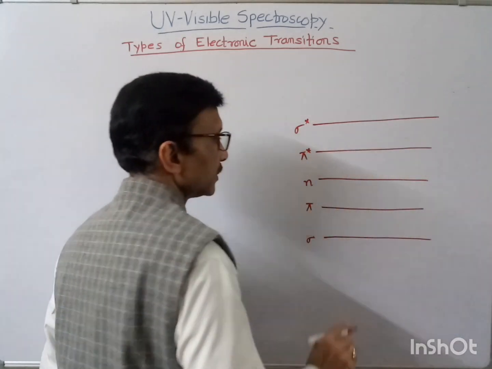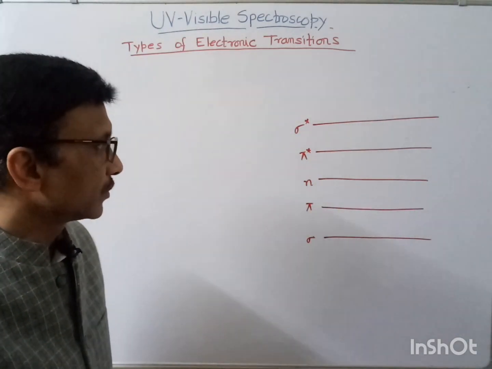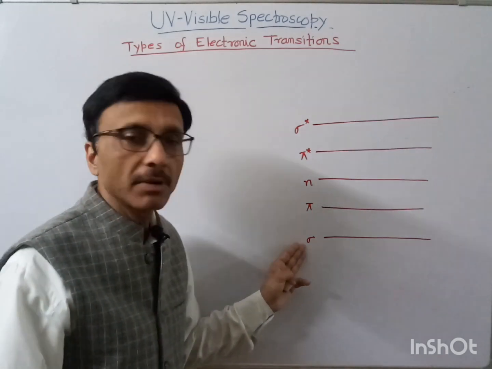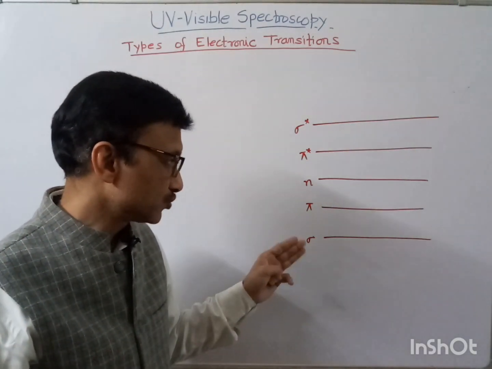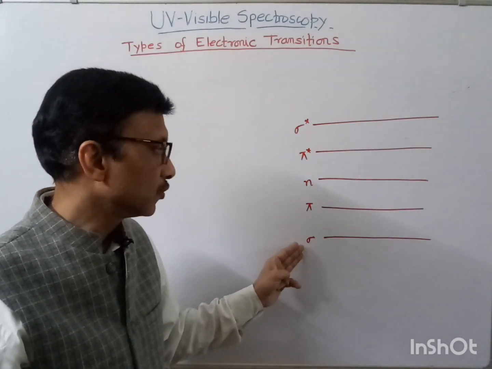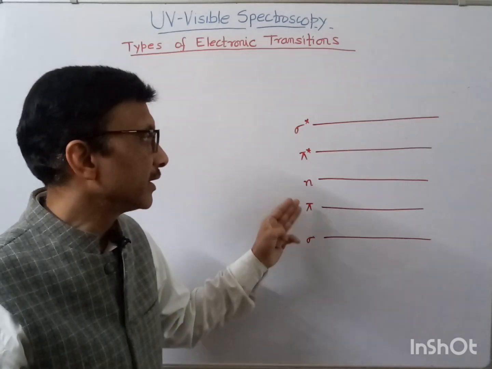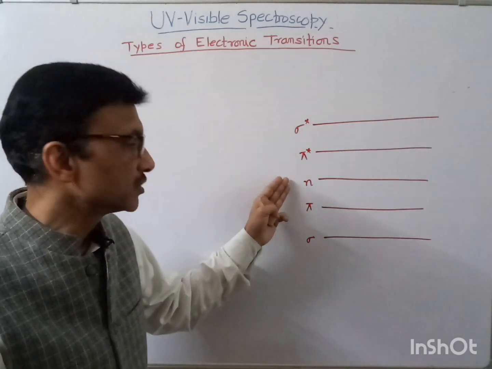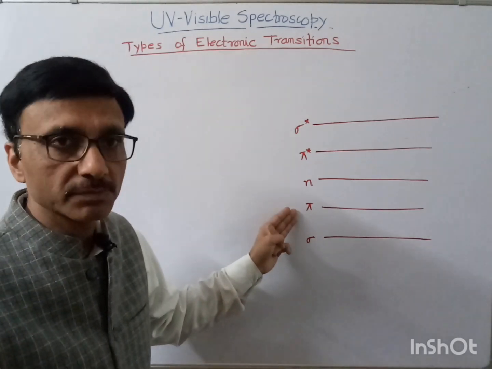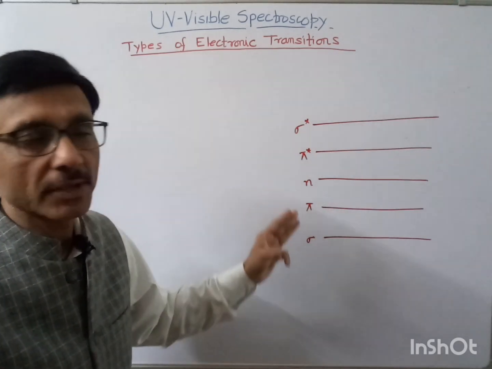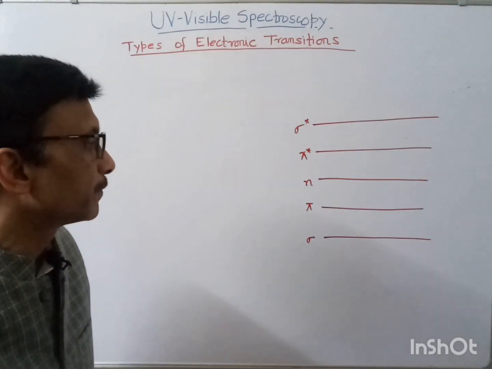So these are the energy levels. Sigma bond, being the strong and stable one, has the lowest energy, then pi, and then non-bonding, the most loosely held electrons in comparison to the pi bond. So we can represent the energy levels in this way.